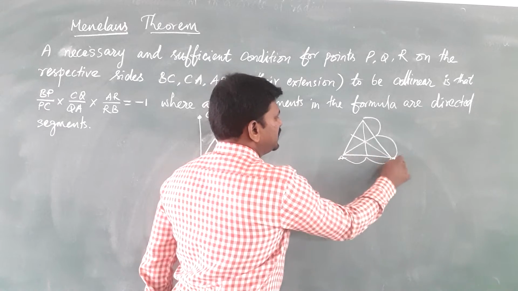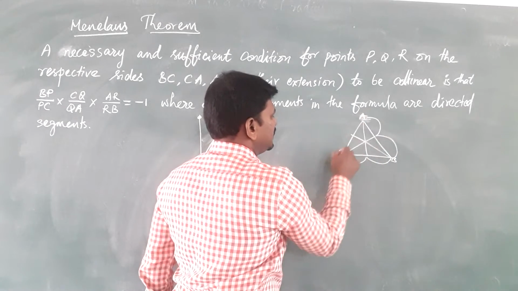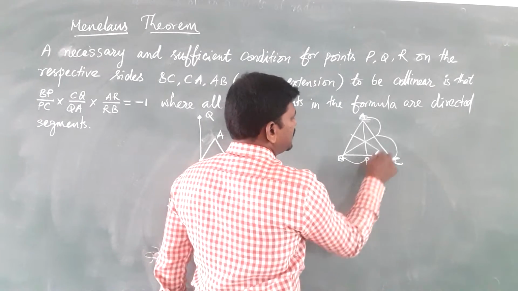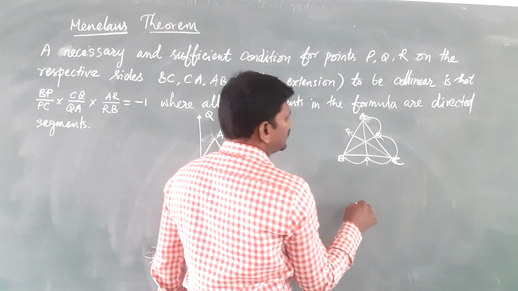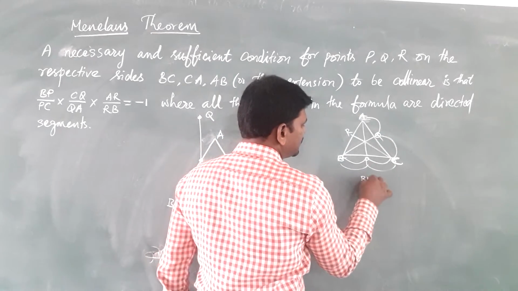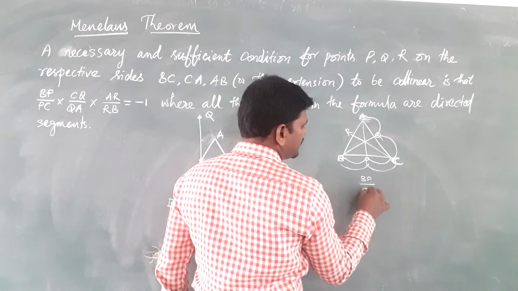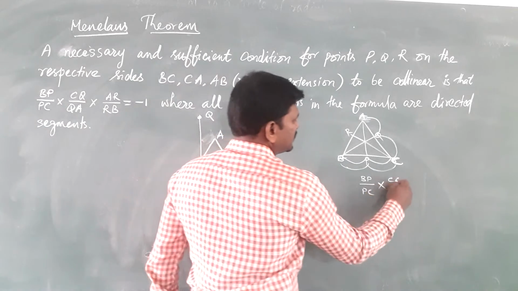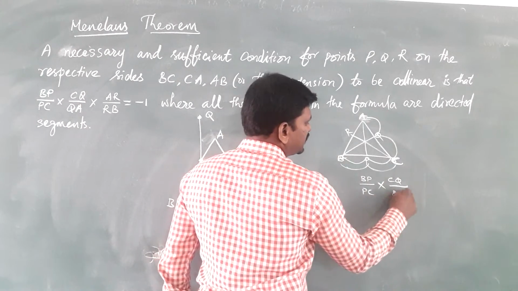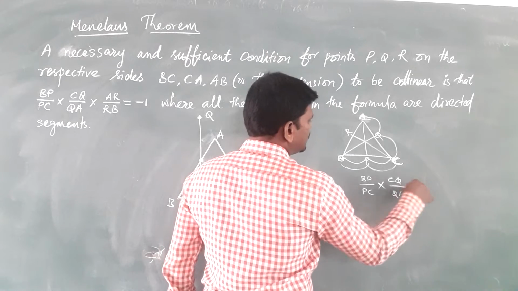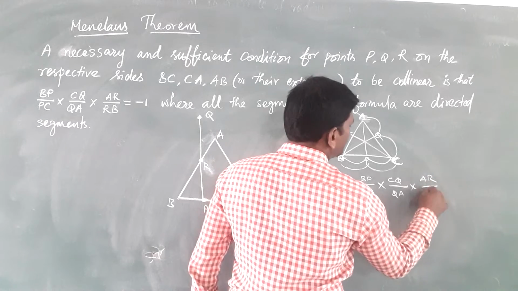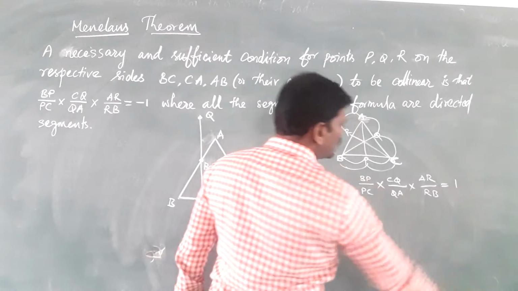For triangle ABC with points P, Q, R: BP by PC into CQ by QA into AR by RB is equal to 1.